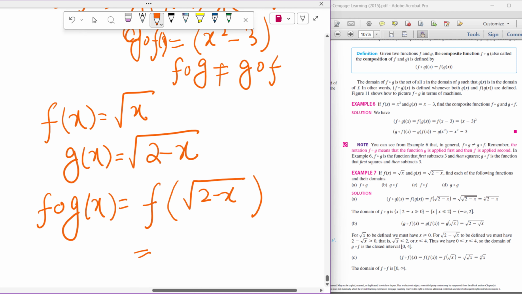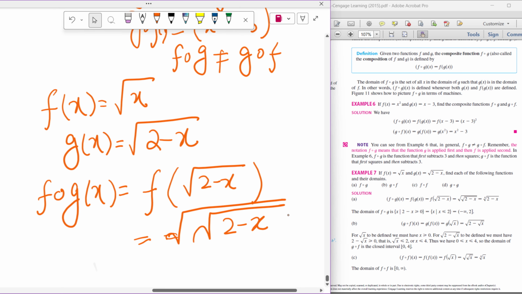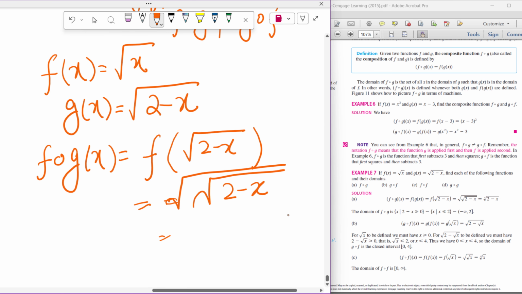Now put it in f of x, which is under root of x. So we write under root, under root, with the value of x being 2 minus x. So the powers are 1 by 2 and 1 by 2, and I will get 2 minus x to the power 1 by 4.